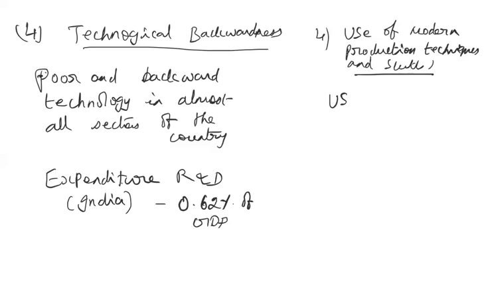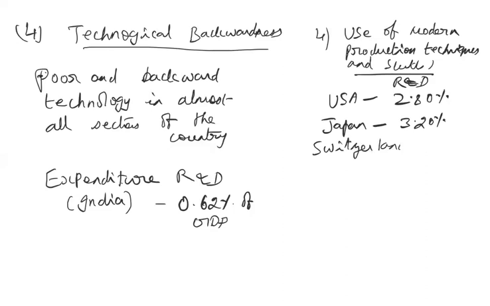See, in the USA, the expenditure on R&D is 2.80% of the GDP. Japan, it is somewhere around 3.20%. The other day we saw Japan, Switzerland and others, as I mentioned to you, even without any adequate natural resources, were all able to develop. This is the reason: they were continuously making innovations.